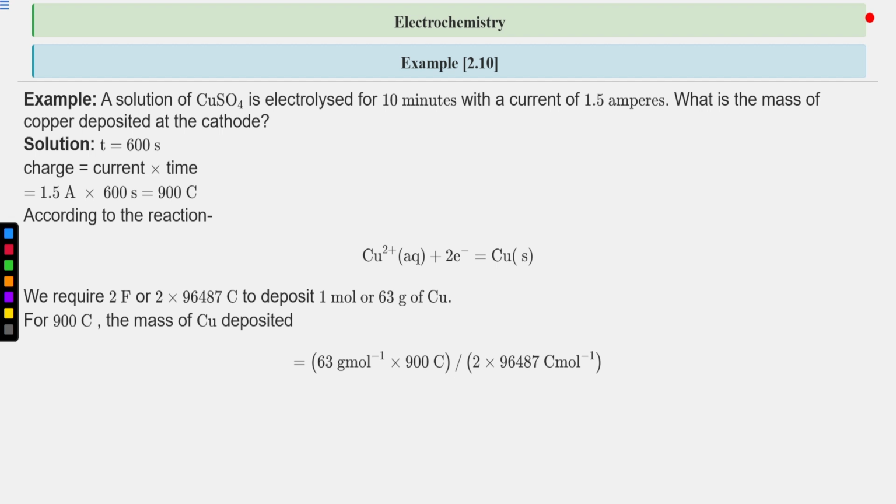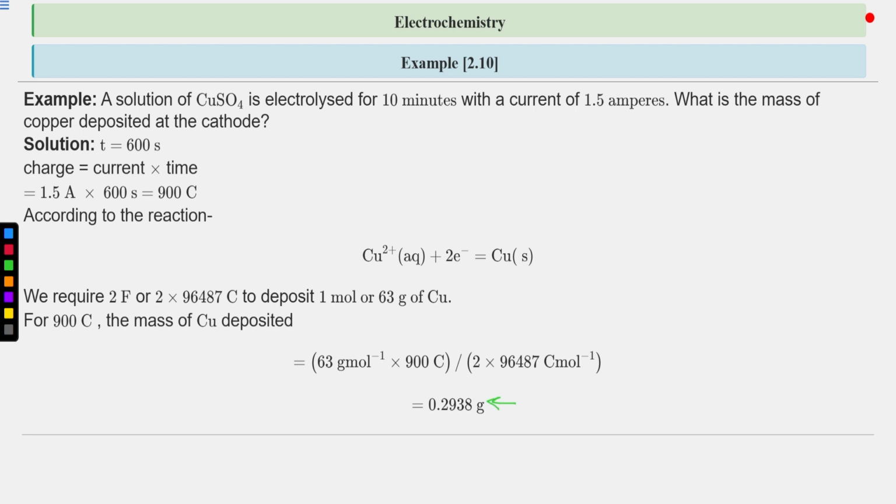So the copper mass that will be deposited is 63 multiplied by 900 divided by 2 times 96487, in units of 2 Faraday, coulomb per mole. You just have to divide this fraction after the multiplication in the numerator and the denominator, and you will get 0.2938 grams.